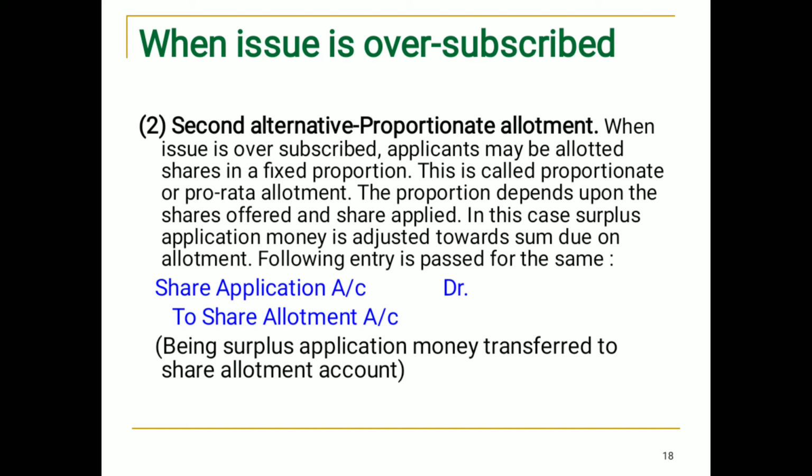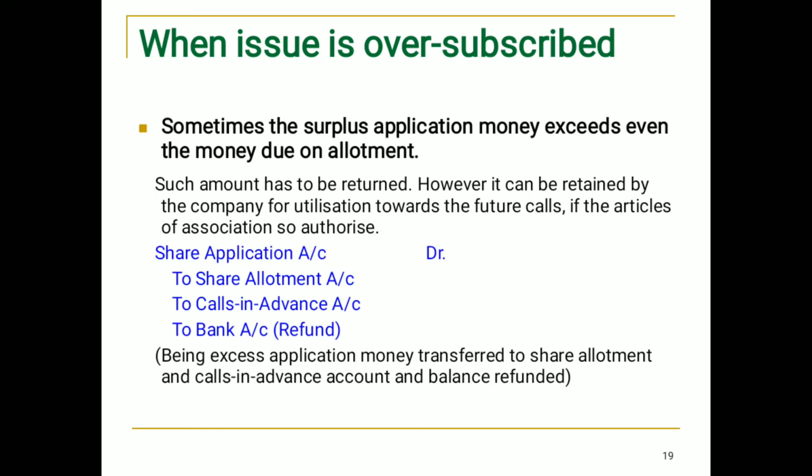Further, it will be more clear in practical sums. Sometimes the surplus application money exceeds even the money due on allotment. This means that the excess amount is that much that even after adjusting it with allotment, still there is an amount in excess.